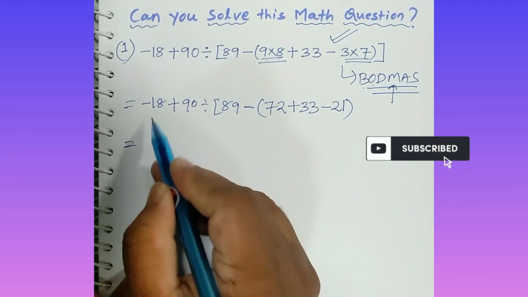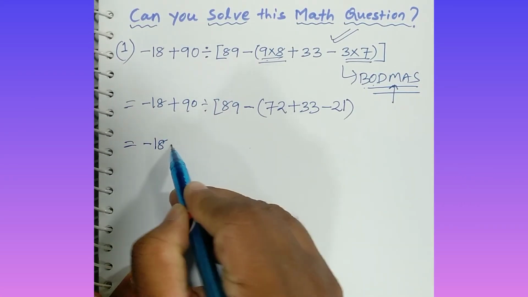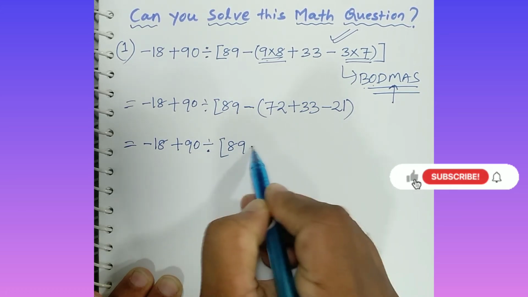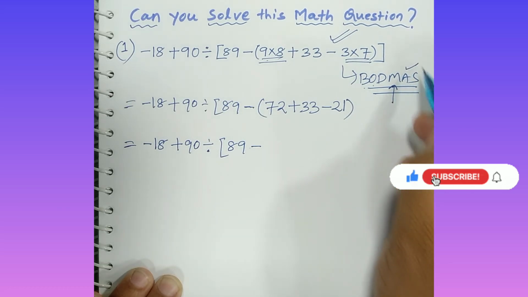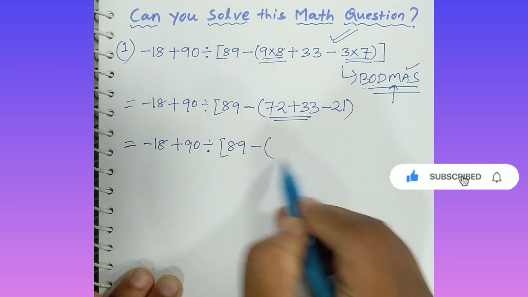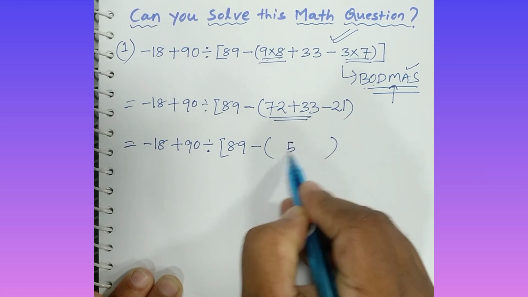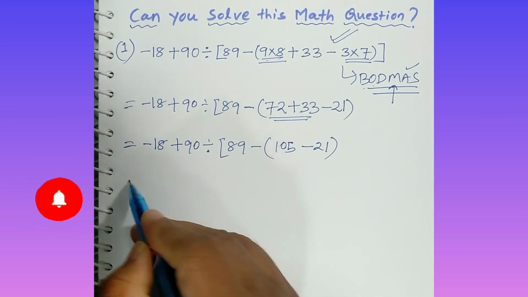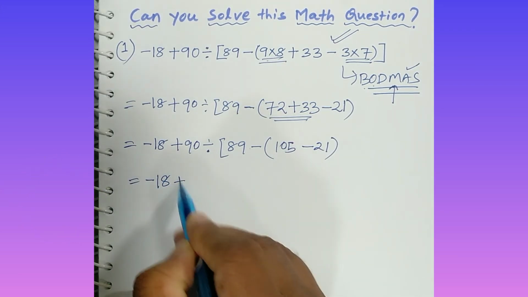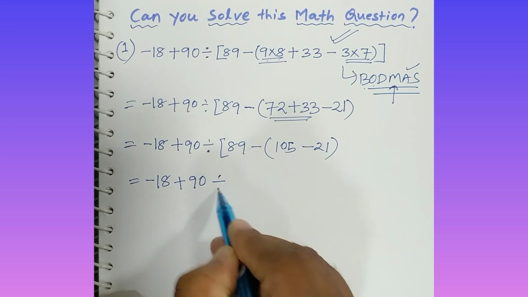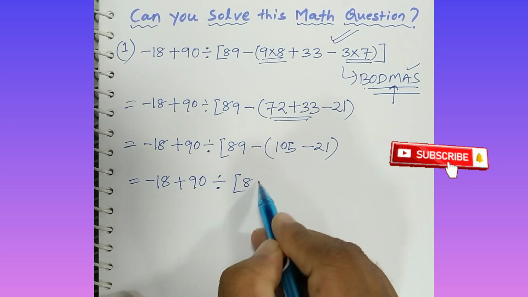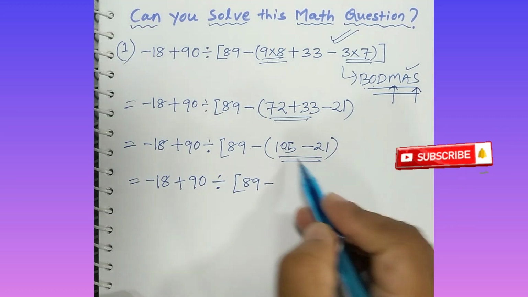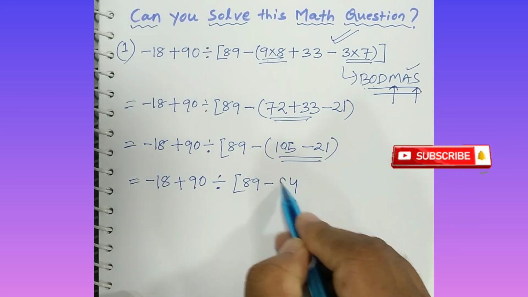Then, minus 18 plus 90 divided by 89 minus, inside the bracket you have to add: 72 plus 33 is 105, minus 21. Then you have to subtract, so it will be 84.